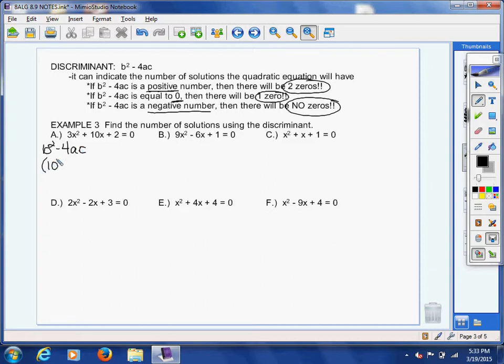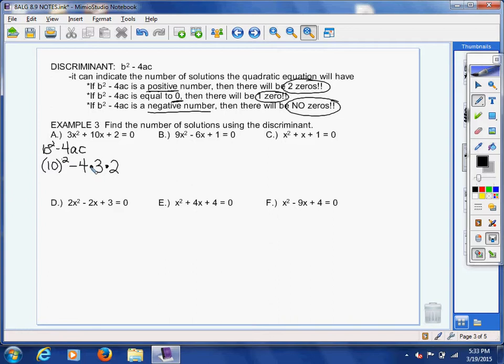So we're going to do 10 squared minus 4 times 3 times 2. Plug it in just like I showed you. Remember, we've been talking about putting the number you're squaring in parentheses just to be safe.